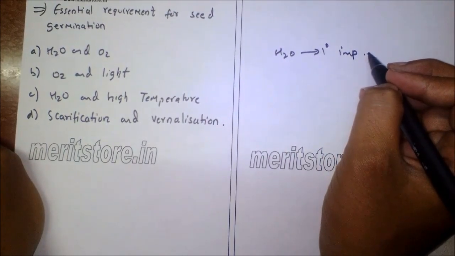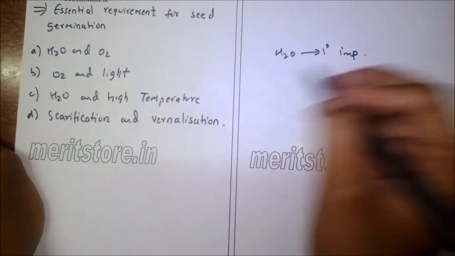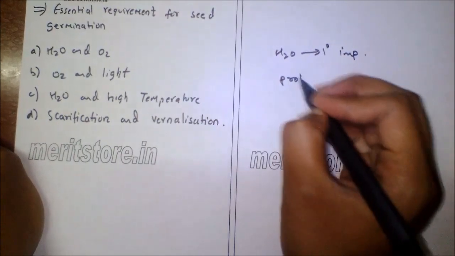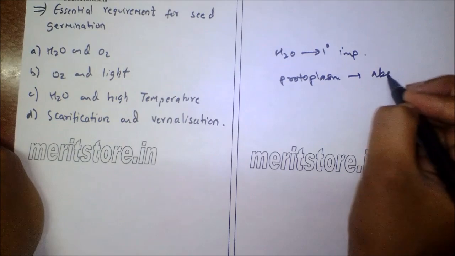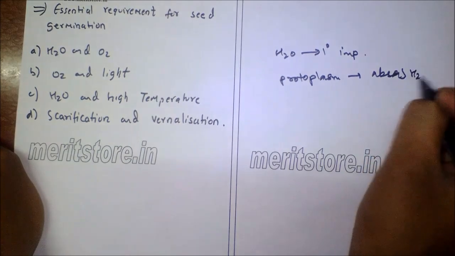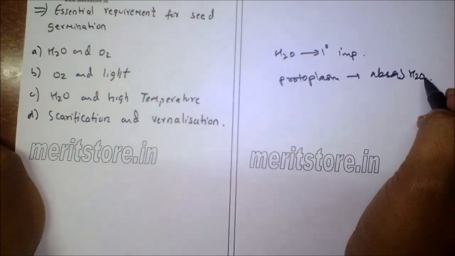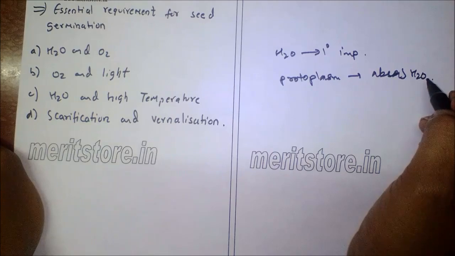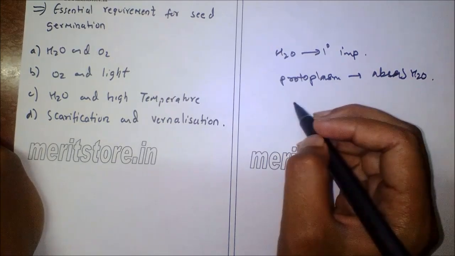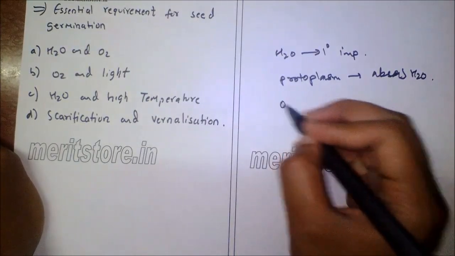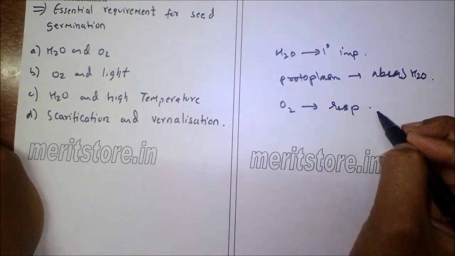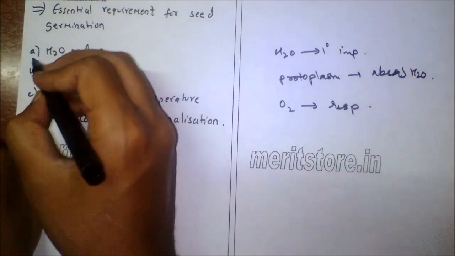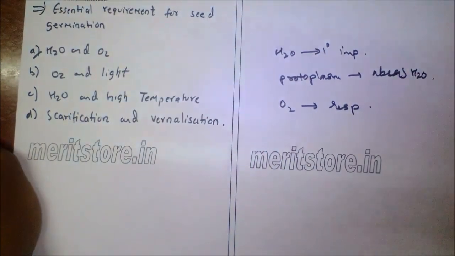When seed protoplasm absorbs water, the seed resumes vigorous physiological activities. The embryo bursts through the seed coats. Oxygen is also necessary for respiration and other physiological activities. So option A is the correct answer.